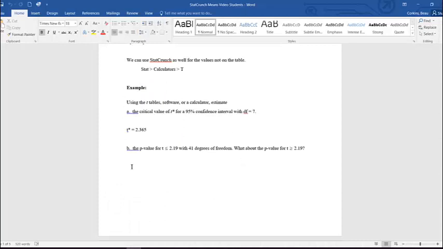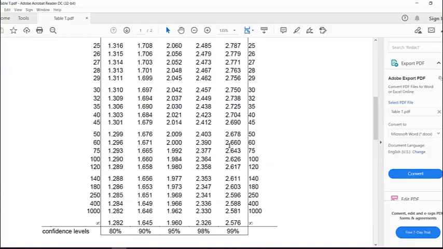However, let's change it up. I want to find the p-value for t less than 2.19 with 41 degrees of freedom, which again, just as a note, means the sample size was 42. Looking at the t-table, 41 isn't even on here.